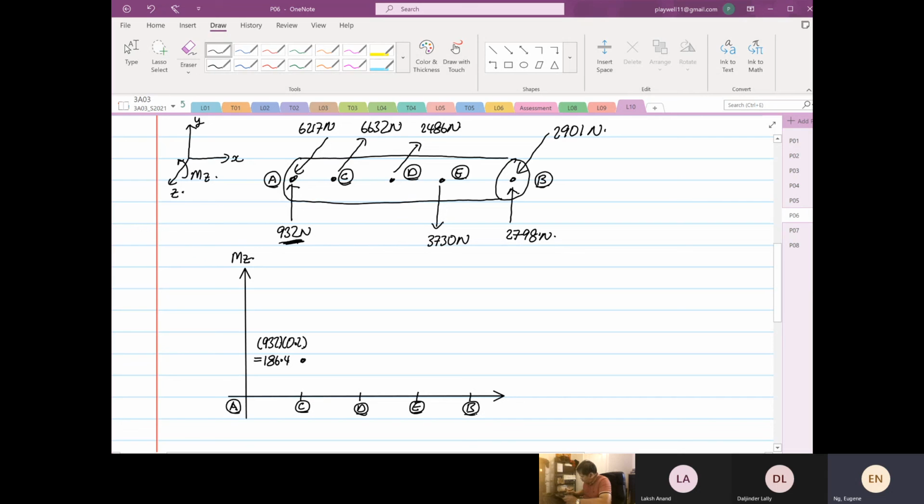That's why you can ignore the 6217, 6632 and 2486. You need to consider 932, 3730, and 2798.